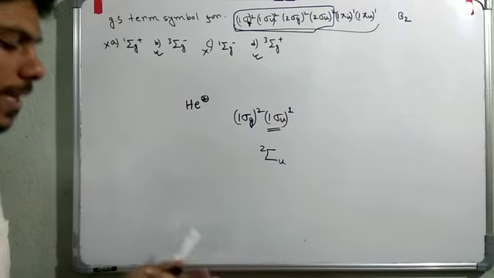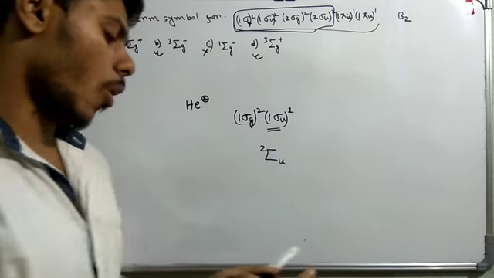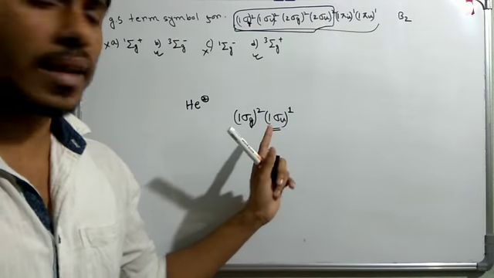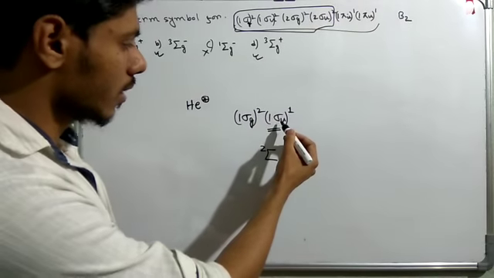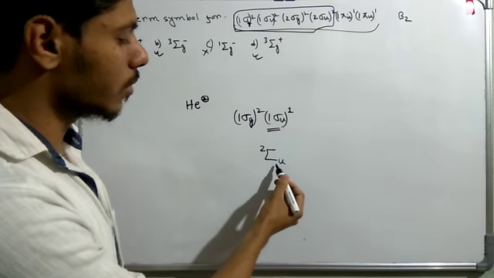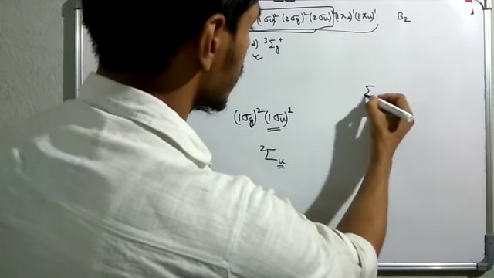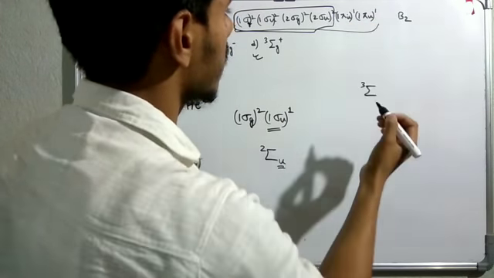So if only one half-filled orbital is there, whichever symmetry the orbital has, the molecular term symbol will get that symmetry. But in this case we determined it is 3 sigma, and here you can see 2 pi orbitals are there.